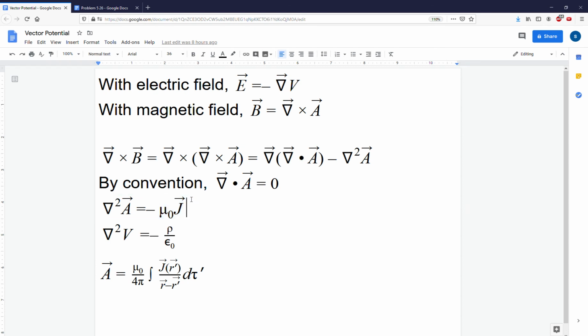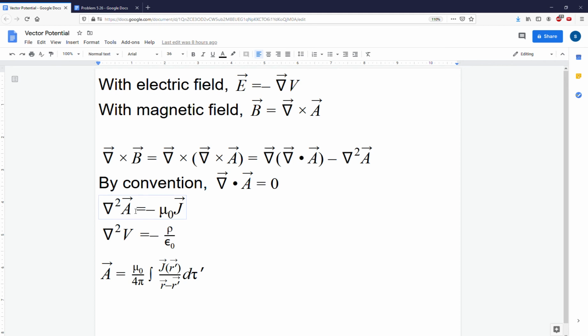This brings another similarity with electric field, because we could say that the Laplacian of electrical potential was the negative of the charge density divided by epsilon naught. Which means that all of the math that we learned to deal with this electrical potential, we can do all of that for vector potential. Now keep in mind this is a vector equation, but because of the way the Laplacian works, the Laplacian acts on each component of A separately.